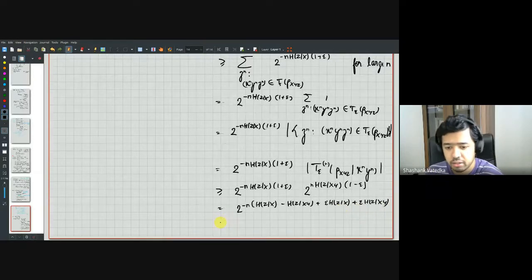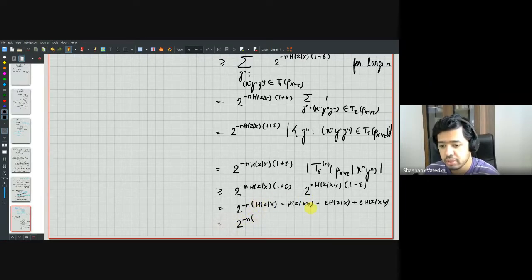Right? Whatever. So this is 2 to the minus n times. So this quantity, h of z given x minus h of z given xy, is simply I of z; y given x, plus some term which depends on epsilon.